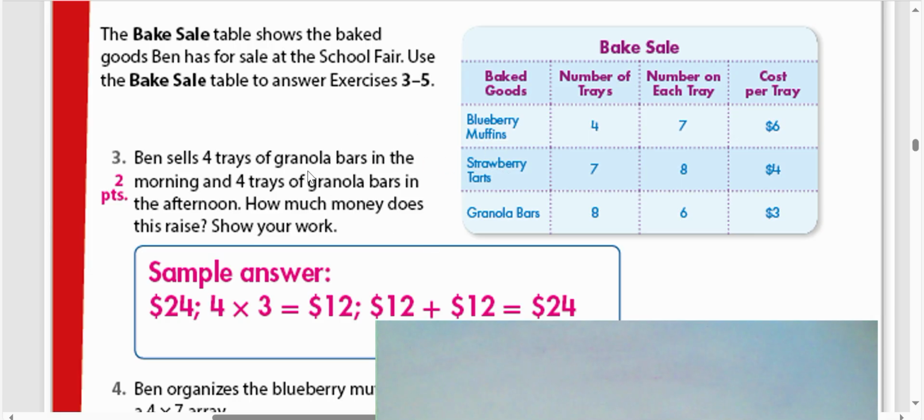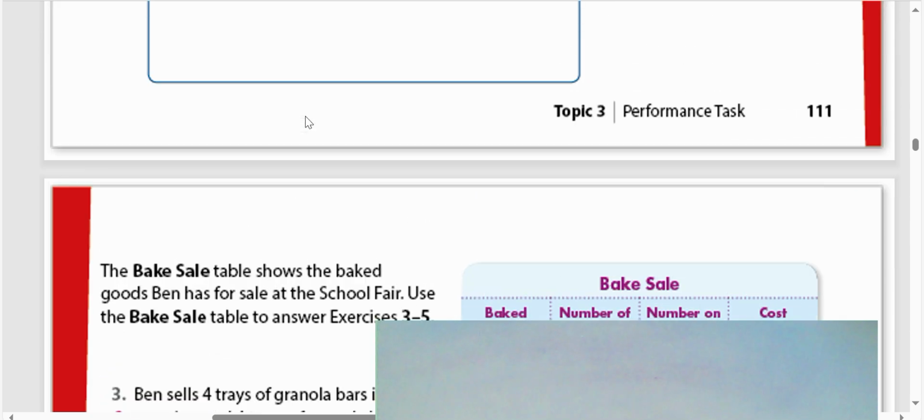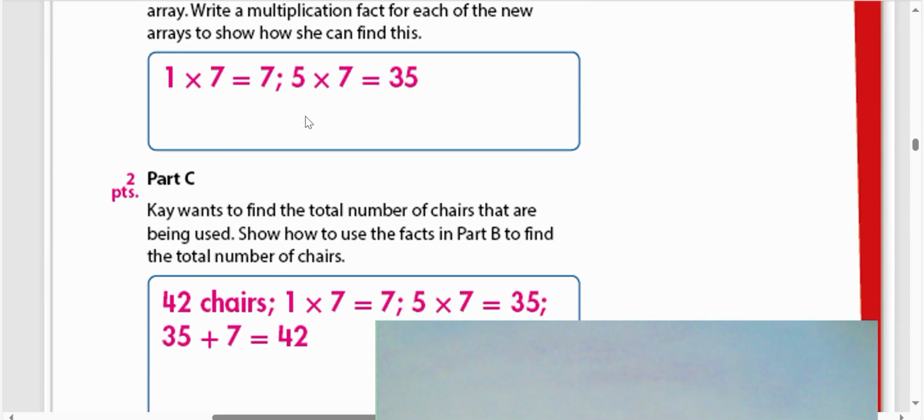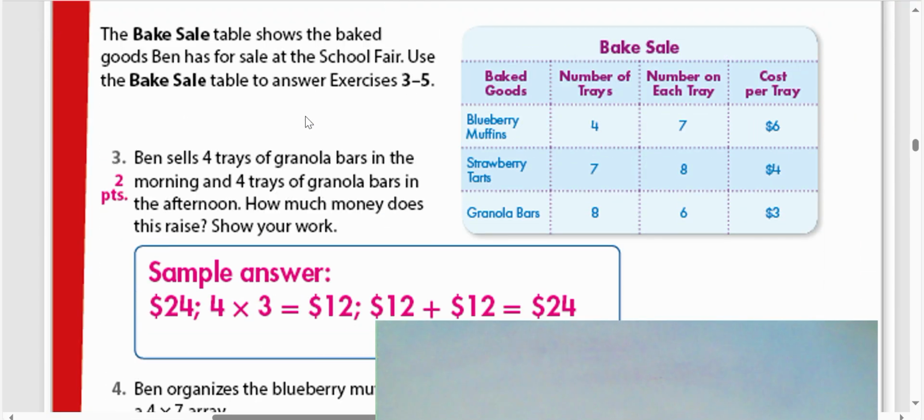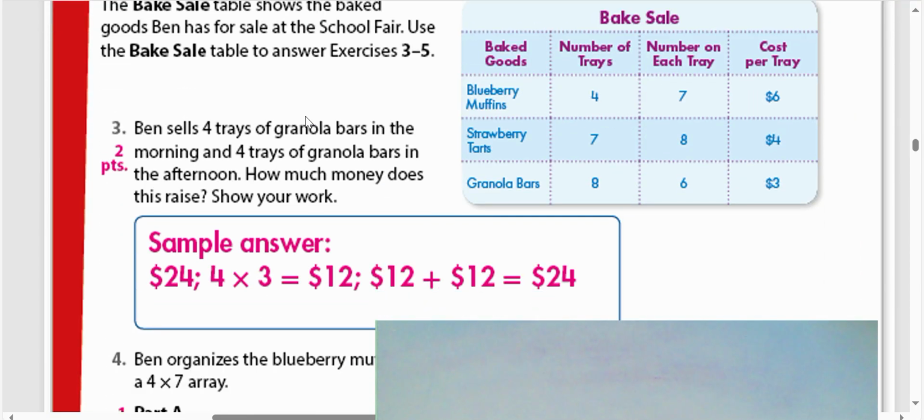Understood? In this example, it's a table about this example here. With me, Ben sells 4 trays of garden bars in the morning.